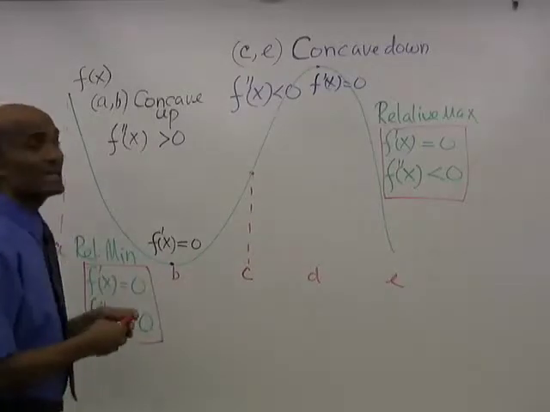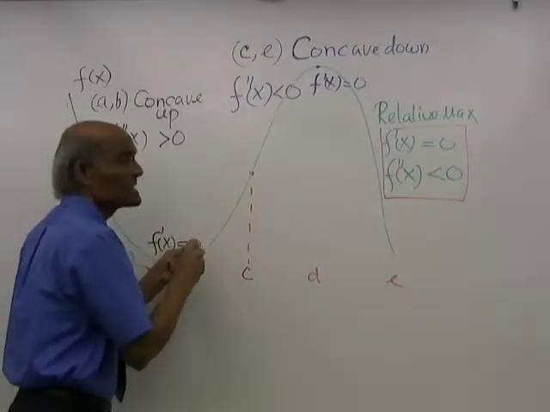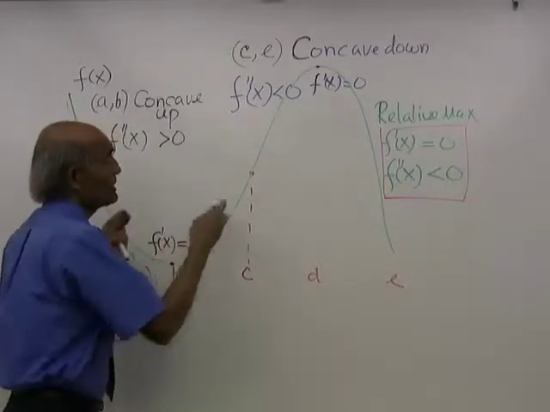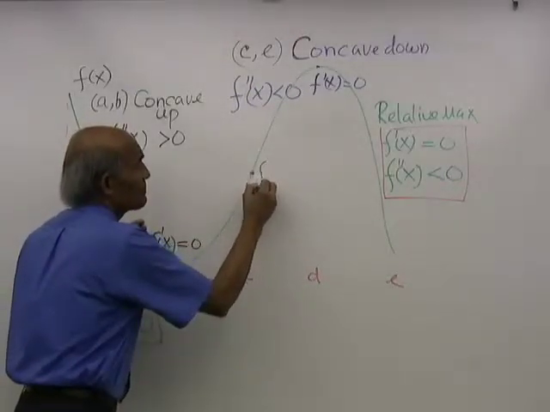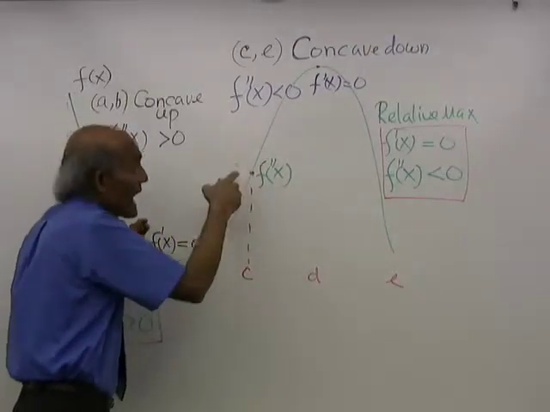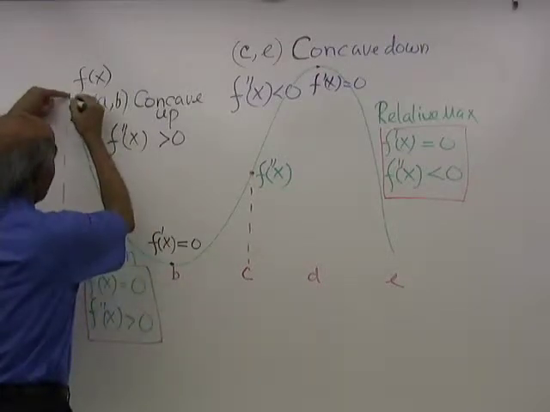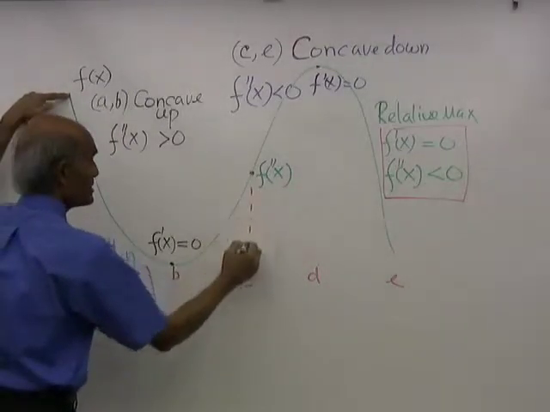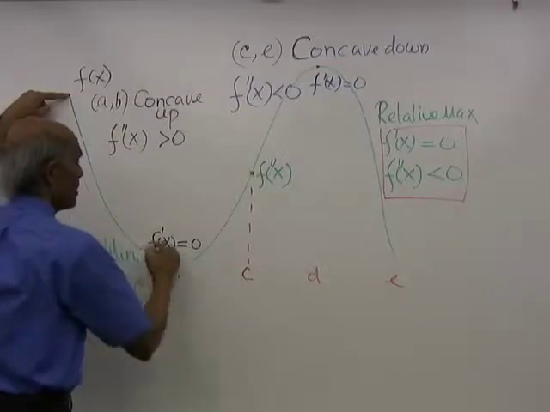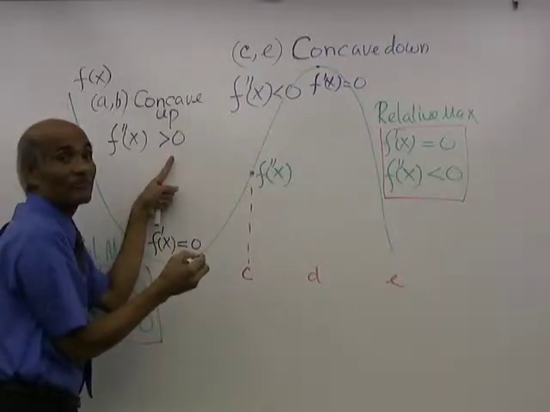All right, in that case, what can you tell me about the value of the second derivative? What can you say about the value of f double prime x at x equal to c? Well, you can see from x equal to a to x equal to c, all along here, the second derivative is positive.